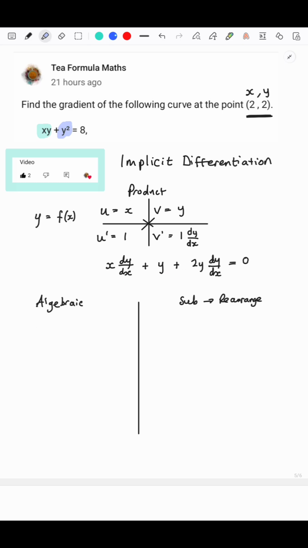Essentially, let me use highlighter because it might be easier. We're going to look at the terms which don't have a dy by dx, and they're going to be slung over to the other side. And then the terms that do have a dy dx, we're going to factorize out the terms in front of them. So what do we have? What was I using? Black, I think.